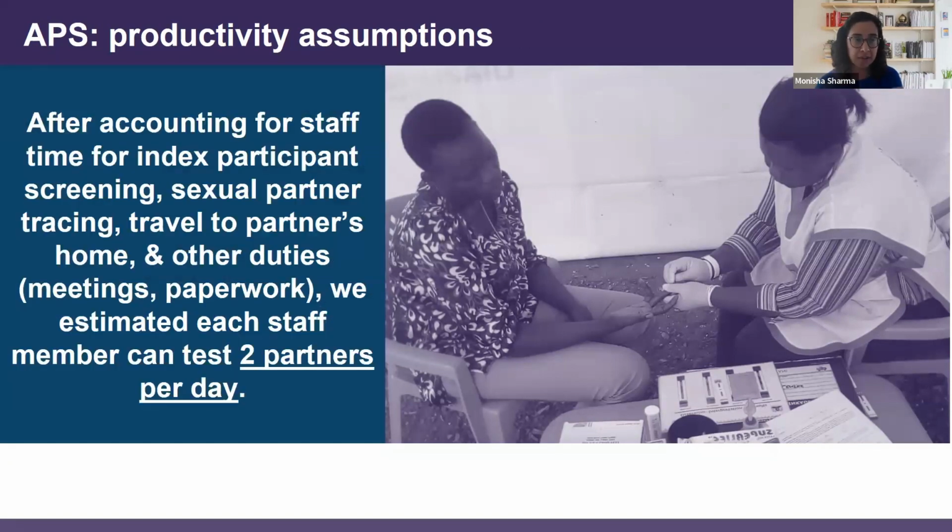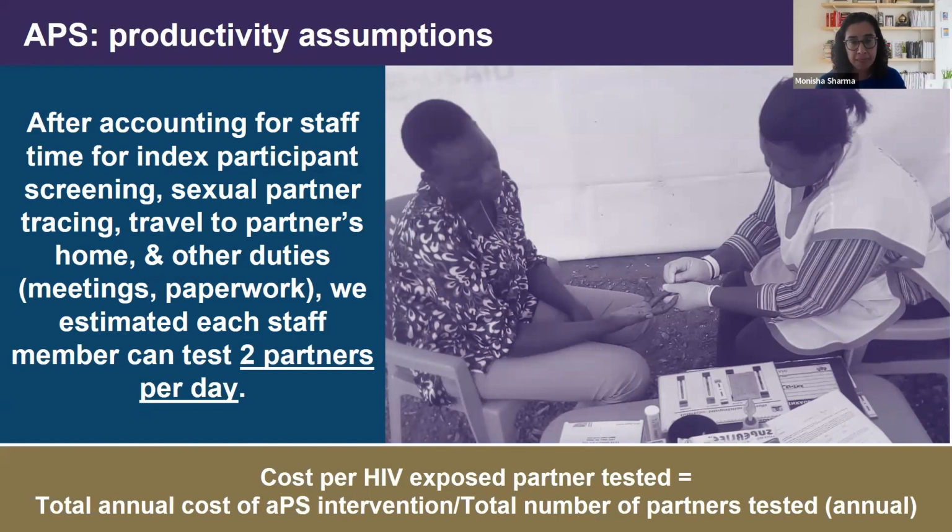After accounting for staff time for index participant screening, tracing, traveling to people's homes, and other paperwork, we estimated that staff members can test 2 partners per day. And so the total cost of the program was the cost that we estimated divided by the program volume, so the number of partners that we estimated could be tested with the staff structure that we have.